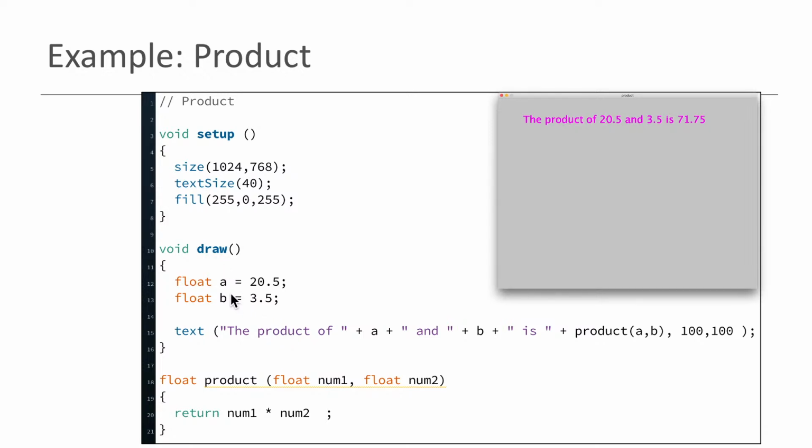What's different in this example, we've got A and B, they're now decimal values. And again, we're just outputting a simple message to the screen, just as we did before. We're saying the product of A and B is, and then call this method productAB. And productAB is the call, and the definition is down here.